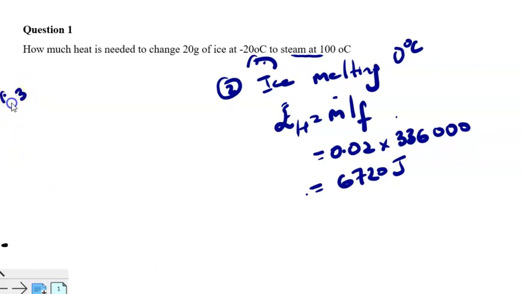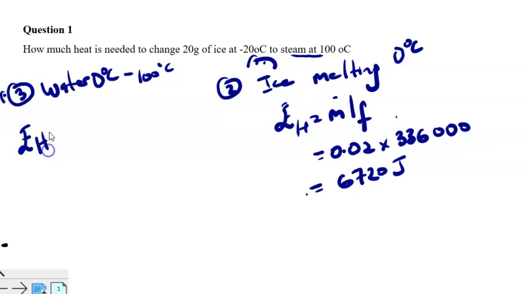Number 3. So we're going to have water, and we're moving from 0 degrees Celsius to 100 degrees Celsius. And once more, we have a change of temperature. So we're going to move to that equation. Heat energy is equal to the mass times the specific heat capacity times the change in temperature. So we know the mass is 0.02.